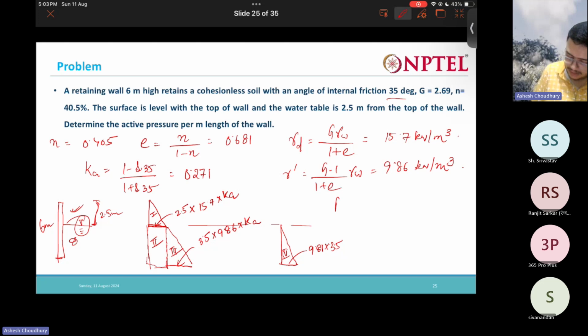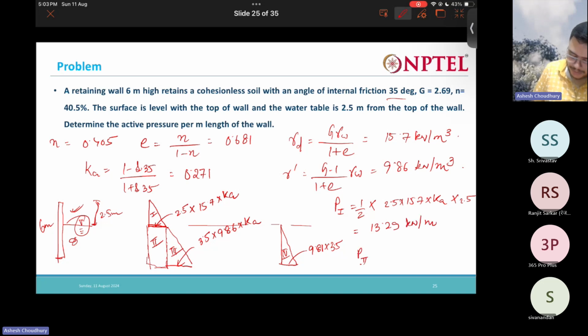So what is P1? Half the area of the triangle, half into 2.5 into 15.7 into Ka times the height. What is the height? 2.5. So this one is going to come as 13.29 per meter.